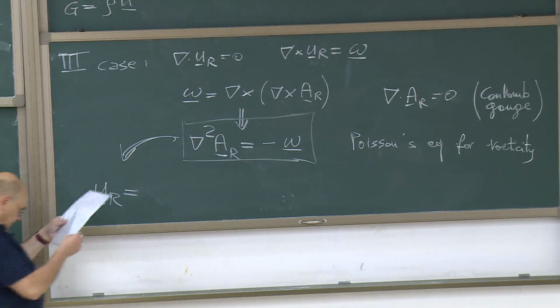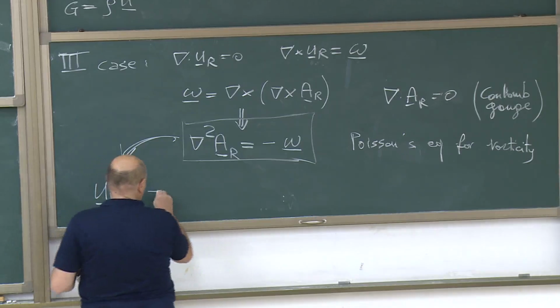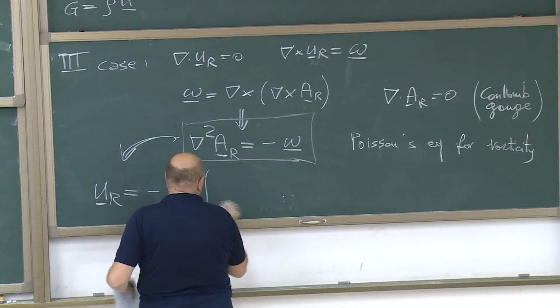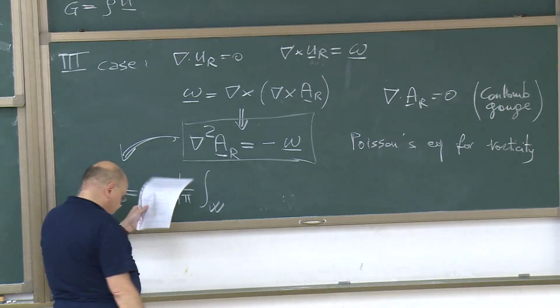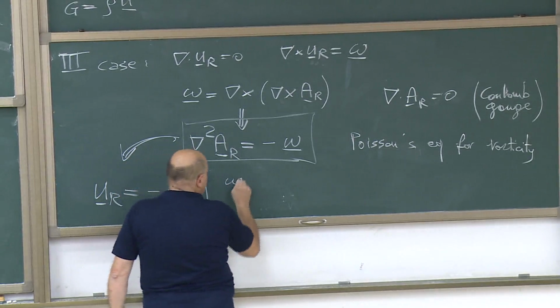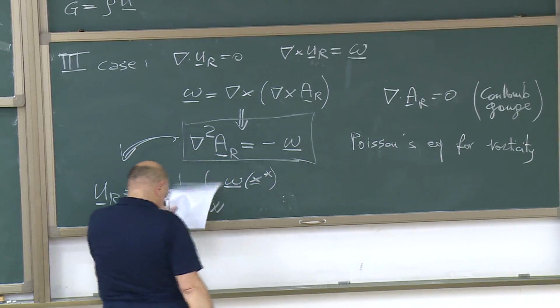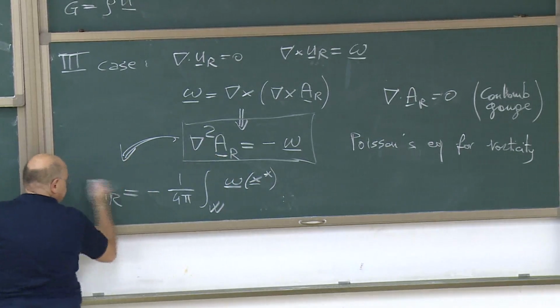electrostatics. And this is the Biot-Savart equation. You have a minus 1 over 4 pi integral over, say, a volume. Let me call it omega, for some reason. Let me call it X star, for some reason. I'll come back to it in a minute.